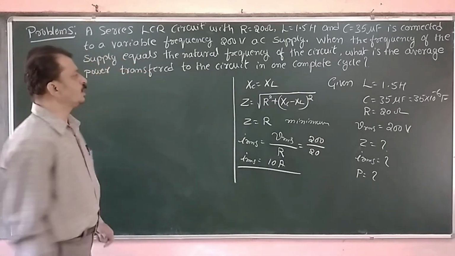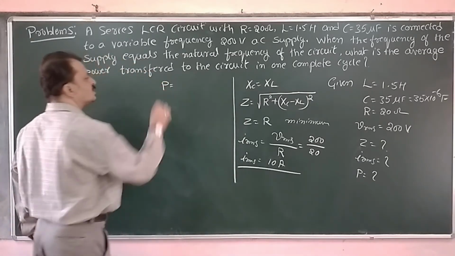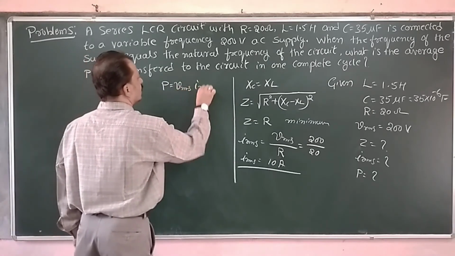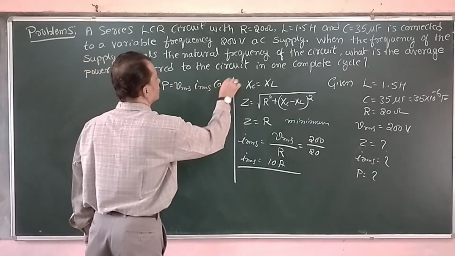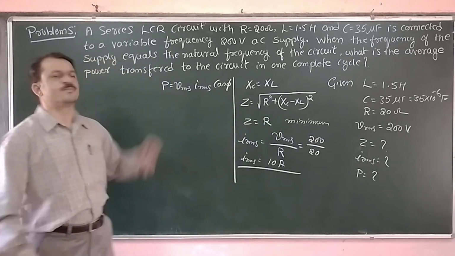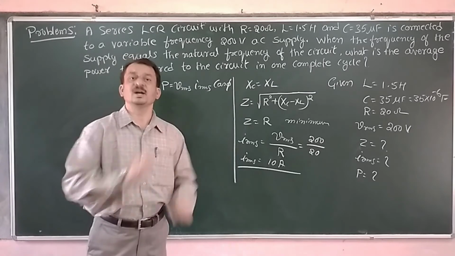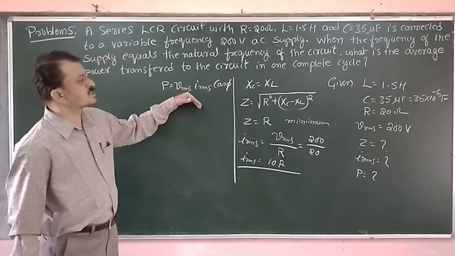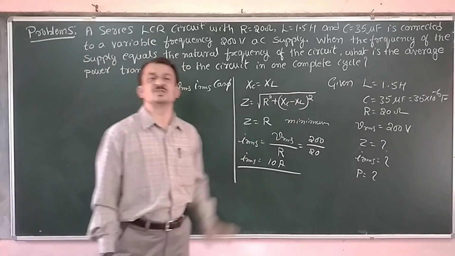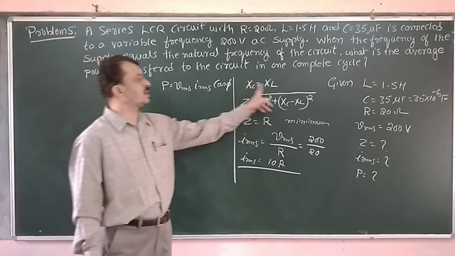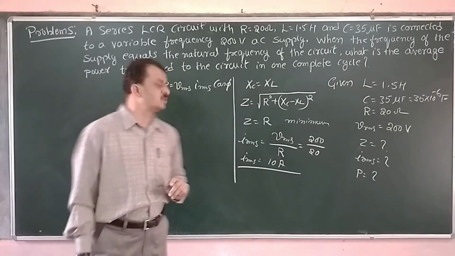Now we have to calculate power. The average power dissipated is VRMS IRMS into cos phi, where cos phi is the power factor, and phi is the phase angle between the current and the voltage. Even though this circuit contains the inductor and the capacitor, at resonance, inductive reactance is equal to capacitive reactance.